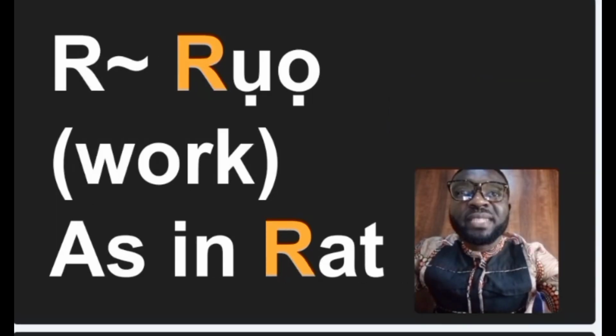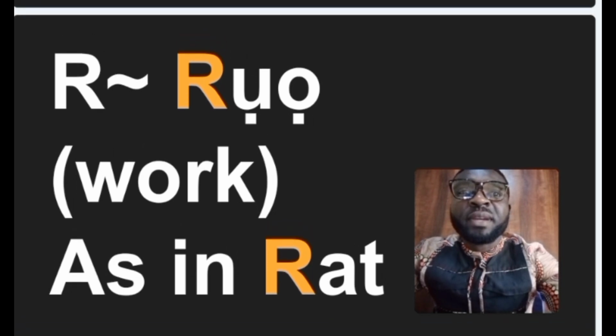Okay, let's look at the next sound, which is the re sound. We have an Igbo word that gives us the re sound, like raw, and raw is a verb which means work. And we have that sound in the English word rat.